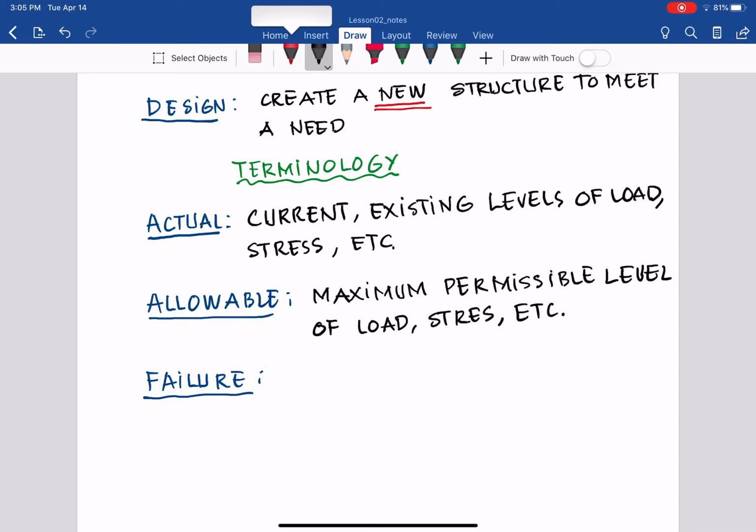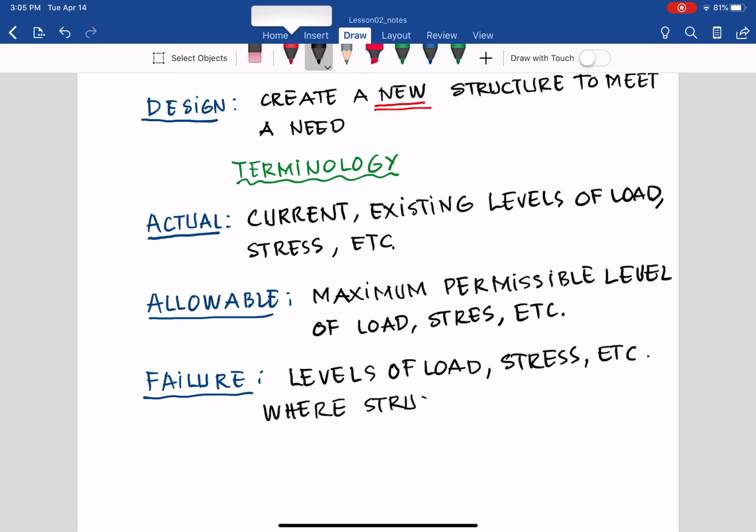It is the level of load, stress, etc., where the structure no longer performs.